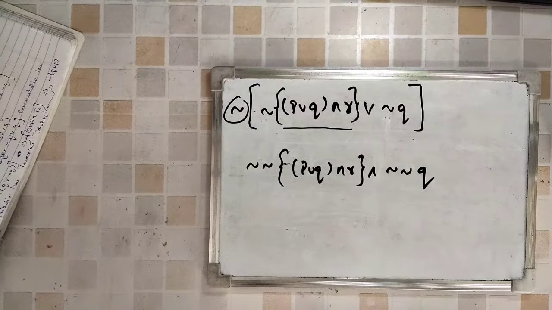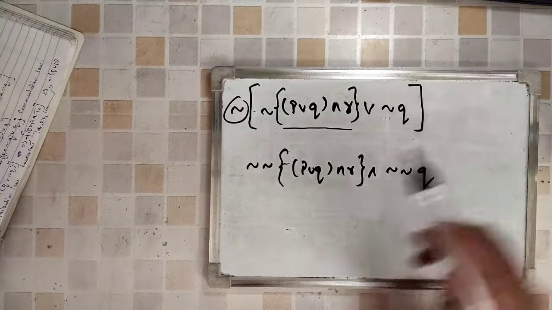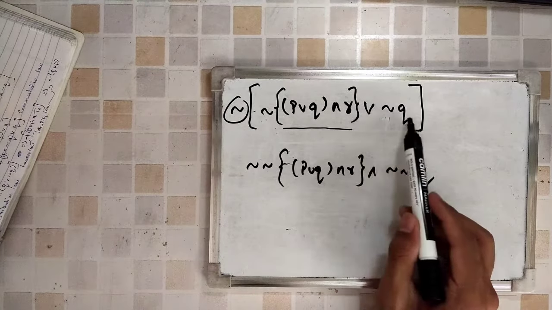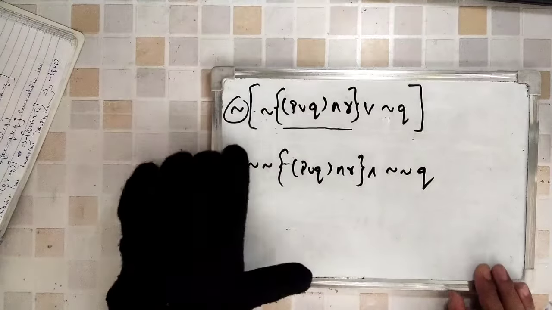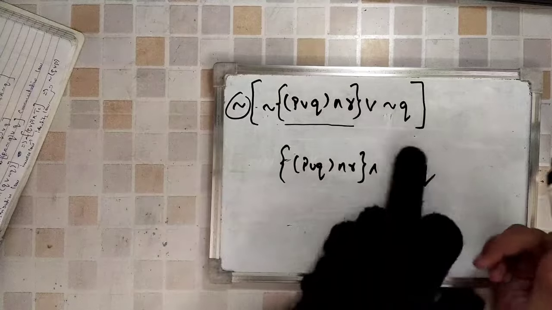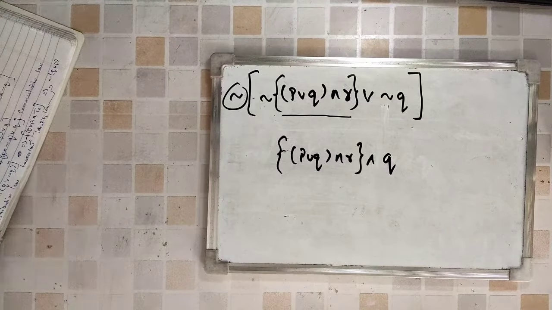We applied De Morgan's law. So the double negation will just go off, and we are left with only Q. Just see if you can always cancel out the negation or not.